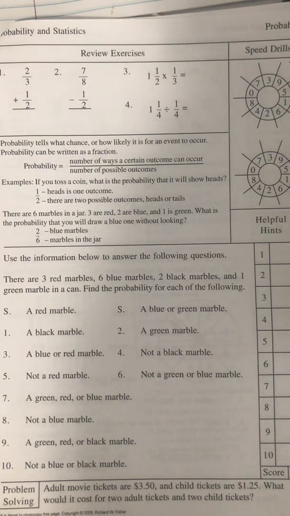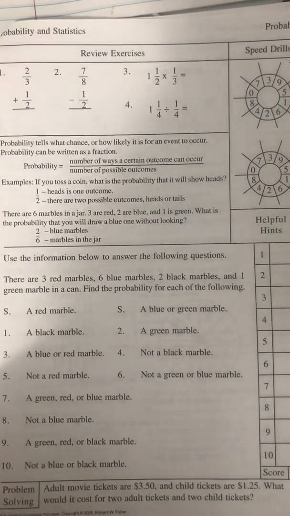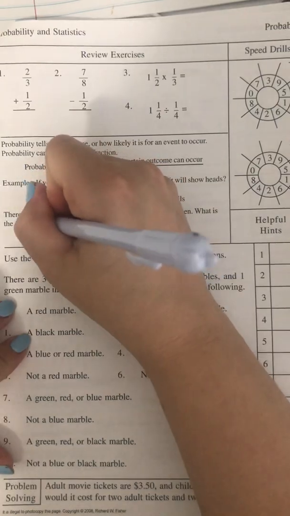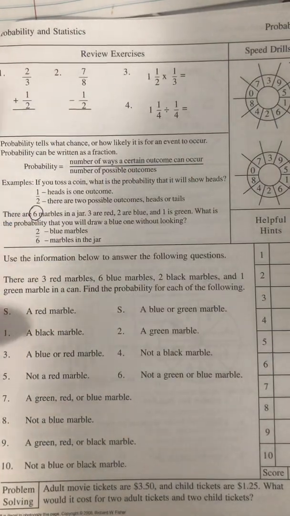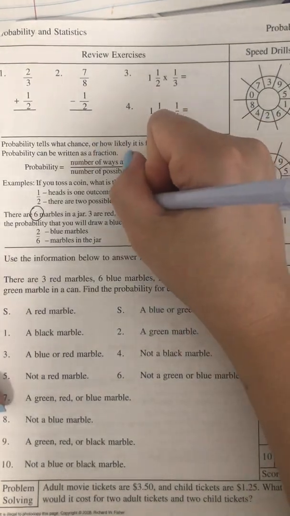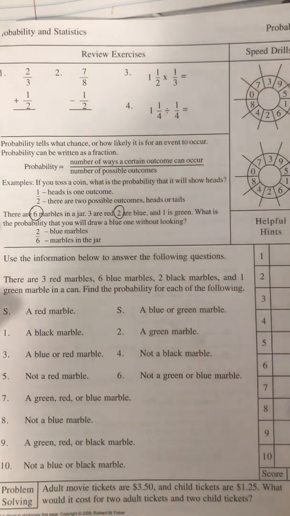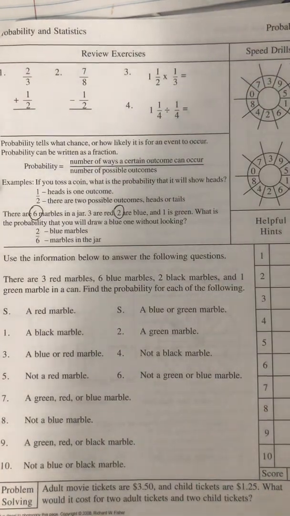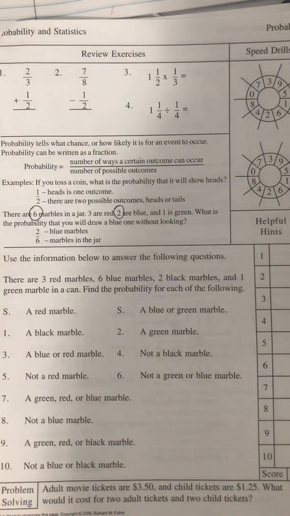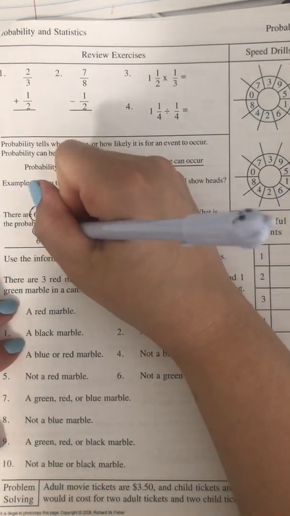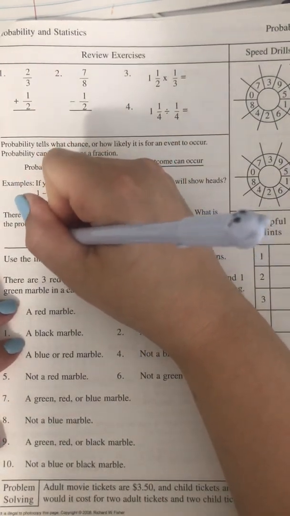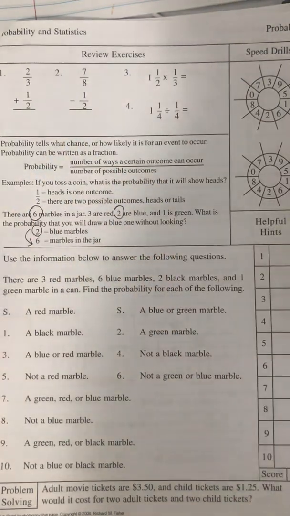Okay, so you would look first at how many marbles there are in total. So we know there are 6. And then how many blue marbles are there? There are 2. So the probability that you would draw a blue one without looking would be 2 out of 6. 2 out of 6 chances that you would pull out a blue marble.